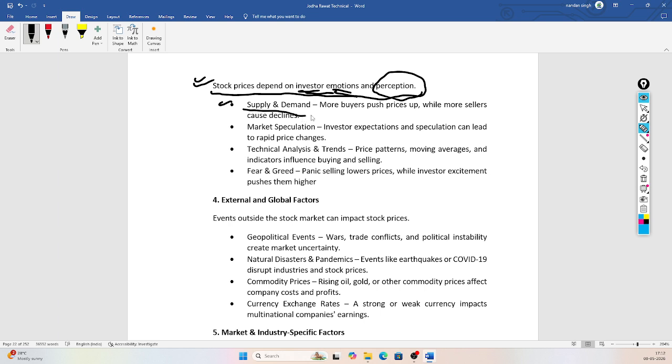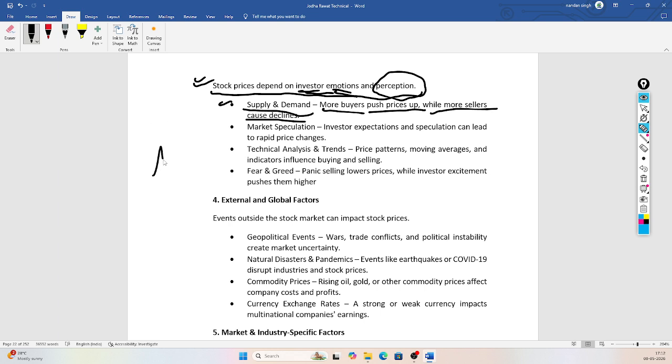Supply and demand. More buyers push the price up, while more sellers cause declines. What do supply and demand mean?